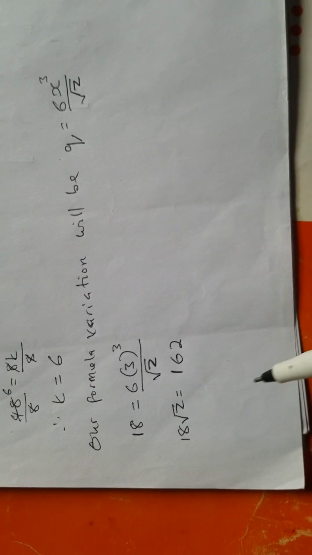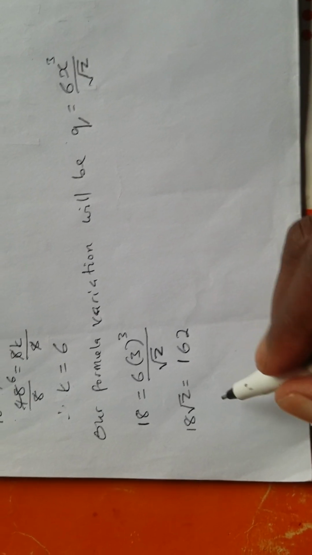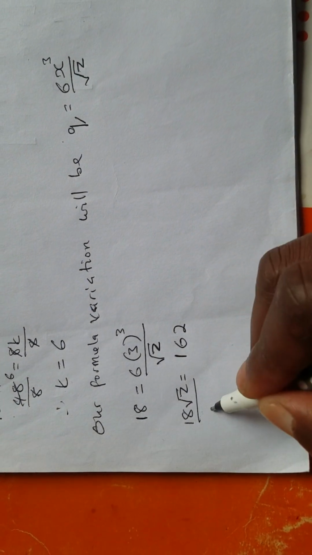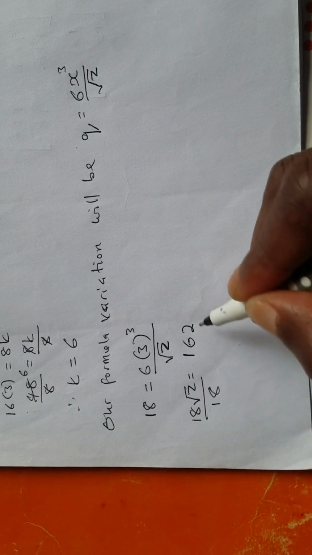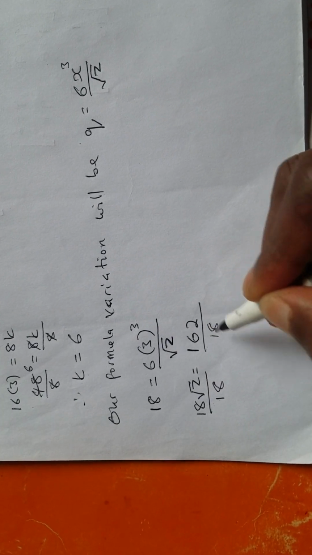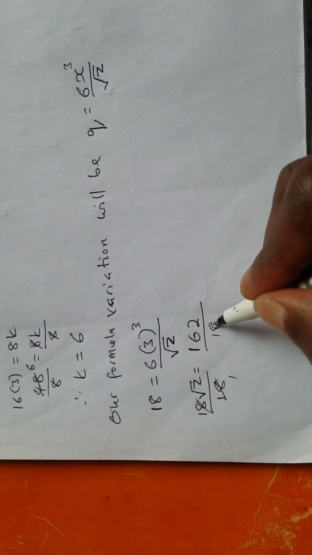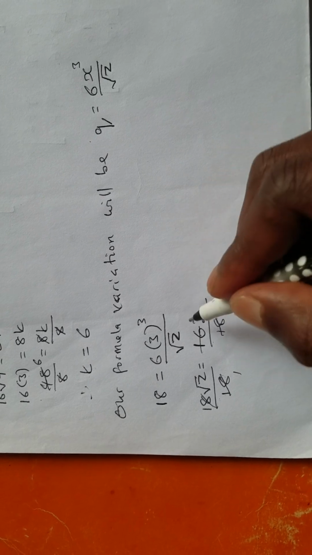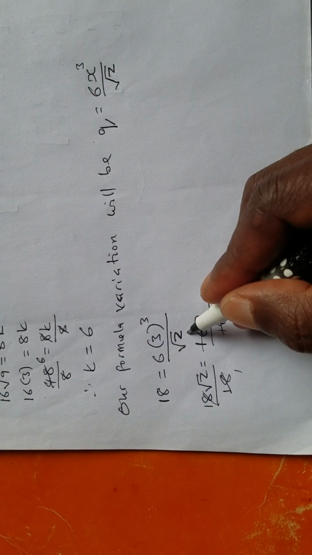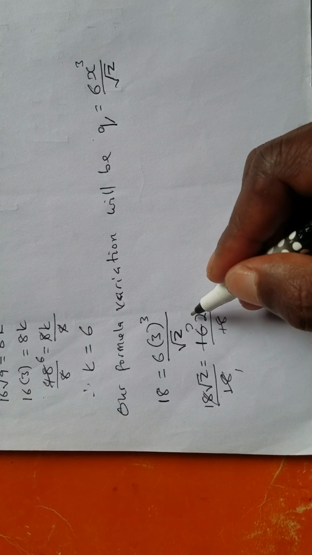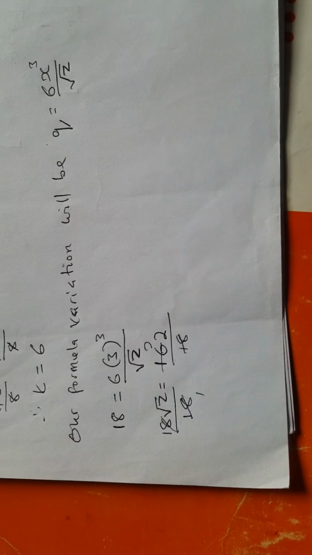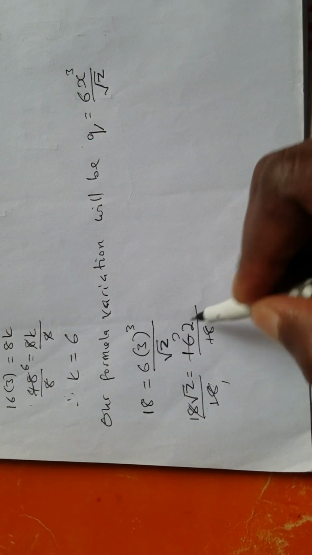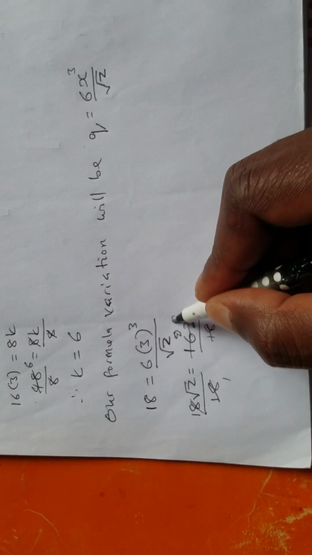Then we have to divide it by 18. 162 divided by 18 will be 9.